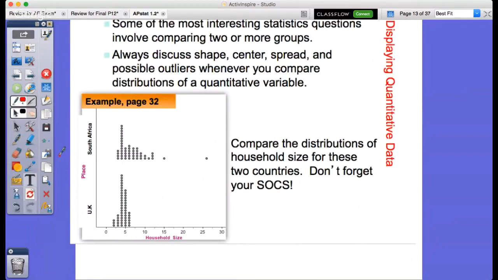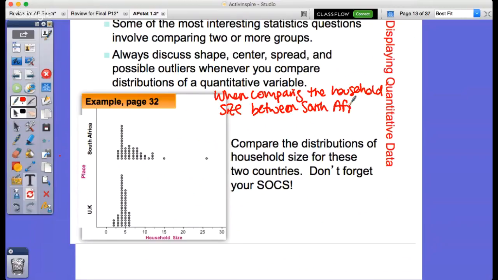So I would start off by saying, when comparing the household size, again, I'm putting context here. I know it seems redundant, but we have to put it. Household size between South Africa and UK.